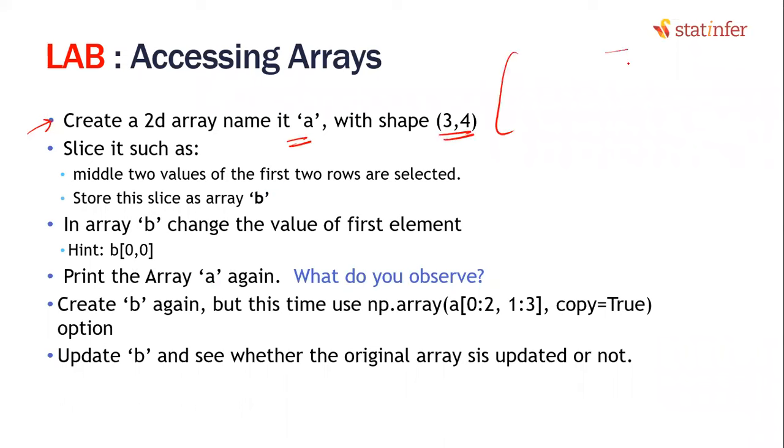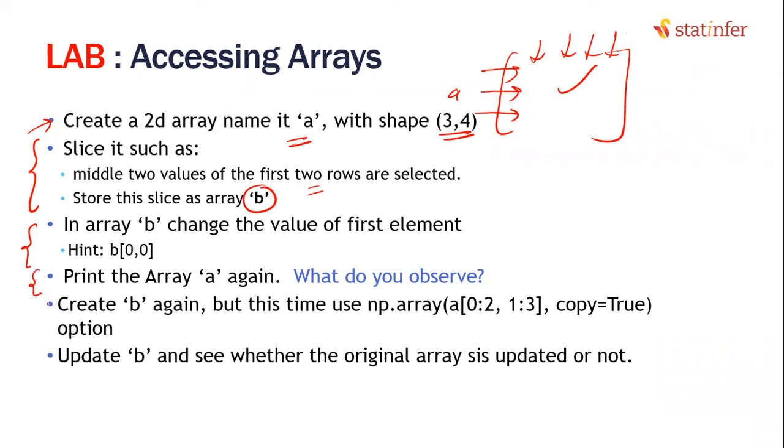That means there are 3 rows and 4 columns in it. Create it and you can name it A or B. Slice it in such a way, understand this, and then create B. Then in array A do this, in array B do this, print array A again, print array B again, update this, etc.